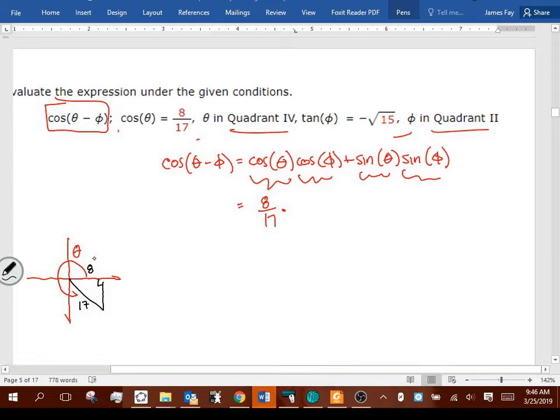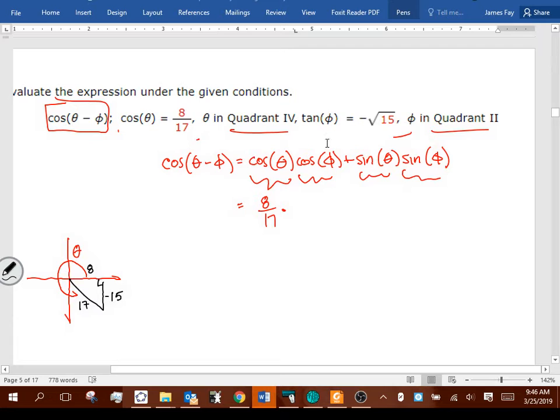Now, with the Pythagorean theorem, this is 289. This is 64. Subtract those: 225. Square root of 225? 15. No matter what quadrant that triangle is in, if cosine is 8/17, I'm always going to get 15 for that missing value. But why do they tell me it's got to be in the fourth quadrant?